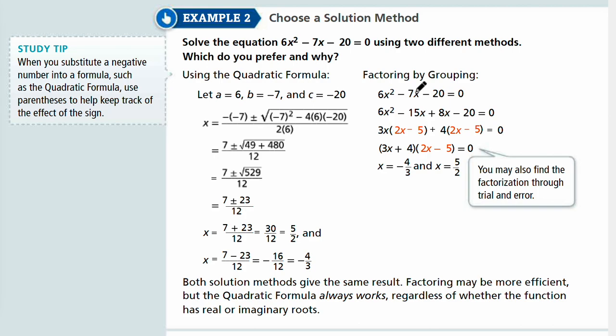Well, 6 and 7, not really. 7 and 20, not really either. So you can change your middle term into numbers that would be beneficial for 6 and 20. So if you change this to something like -15 plus 8, right? -15x plus 8x is still -7x, right? We still didn't change the equation.